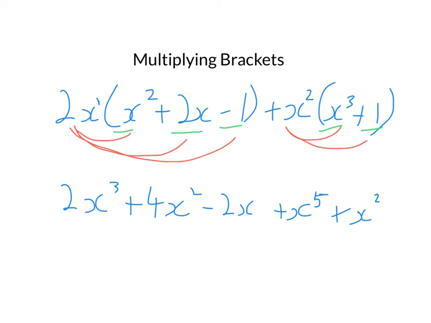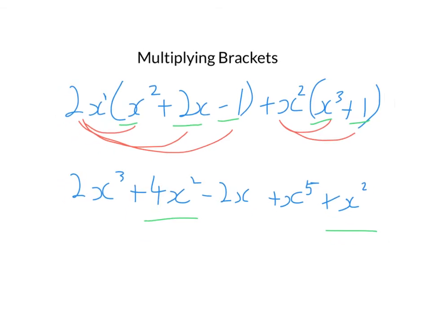Now this is an interesting example because there's actually a couple of things we can add to try and simplify this and clear it up at the end. We have a couple of like terms that can be added. So just our x squared here and our x squared here might be worth adding together to simplify our answer. So we'll rewrite this first of all, going in order of the biggest powers down to the smallest powers.